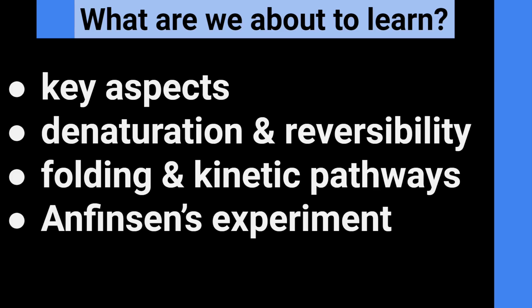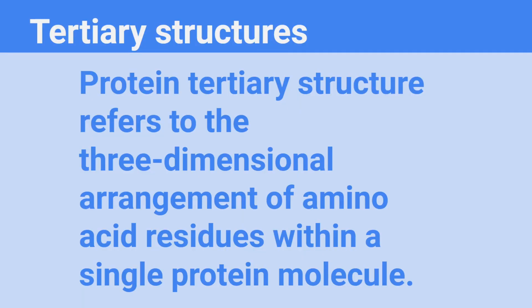So, let's get started. Protein tertiary structure refers to the three-dimensional arrangement of amino acid residues within a single protein molecule. It is the final level of protein structure and is crucial for determining the protein's specific function and activity.